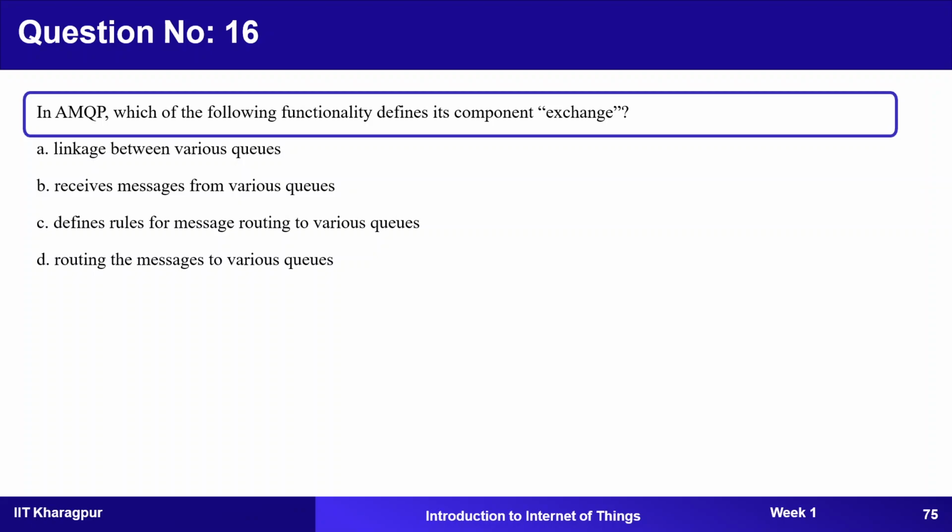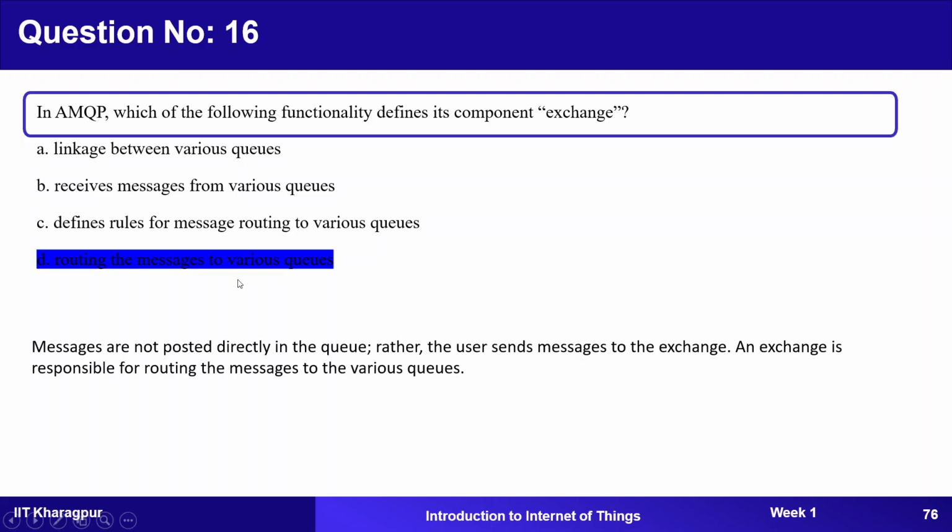So exchange is used for... I've just discussed the three components of AMQP. Okay, so the correct option is that exchange is used to route the messages to various queues.